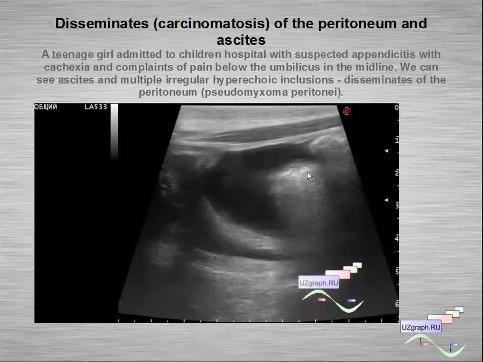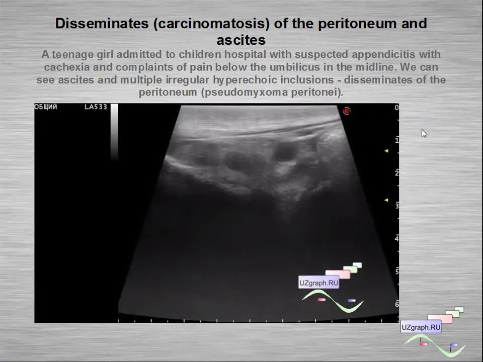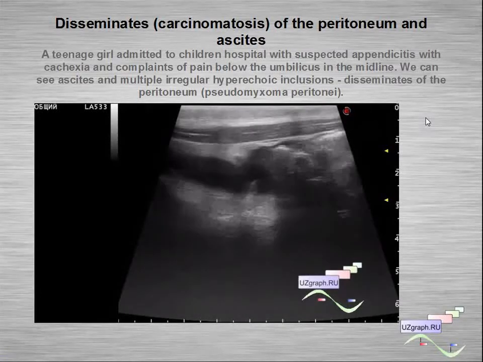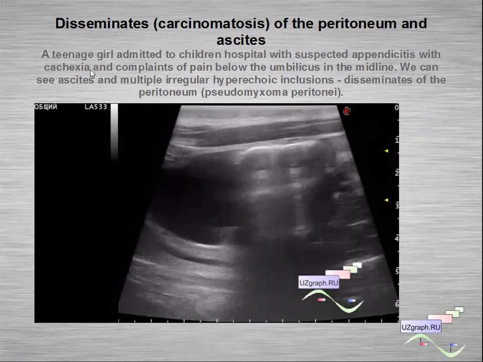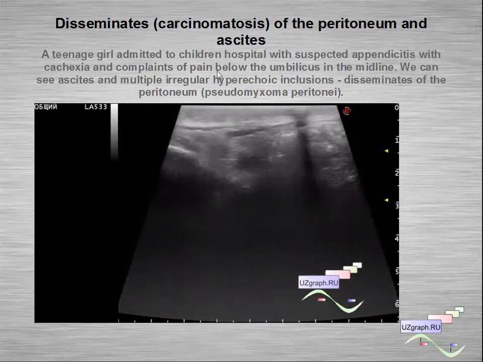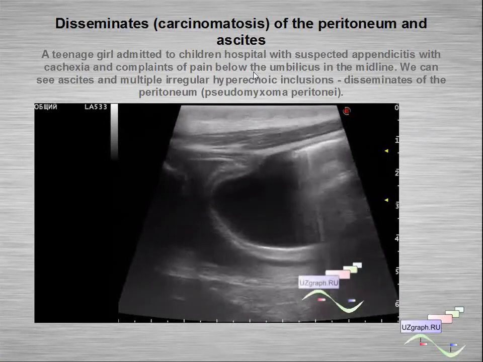Another example, a teenage girl with cachexia and complaints of pain below the umbilicus in the midline of the abdomen.